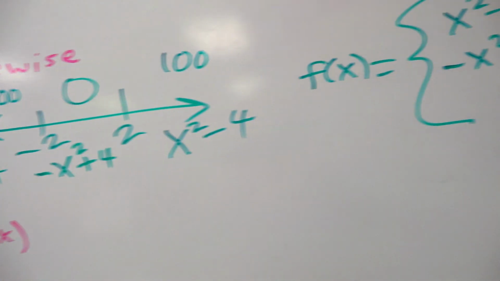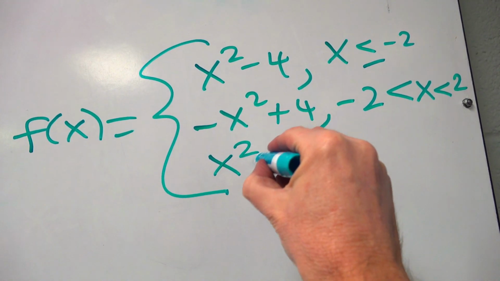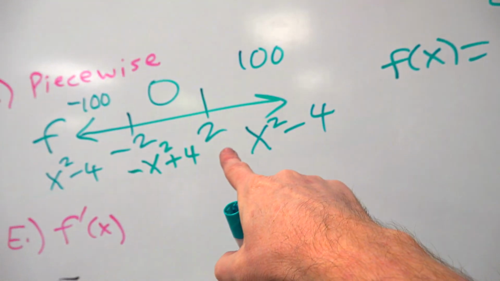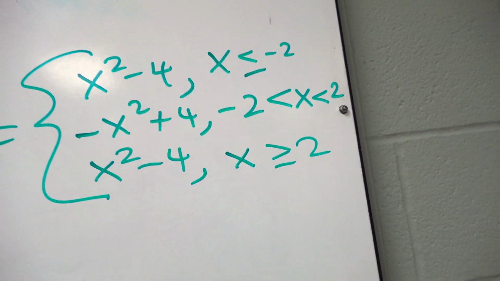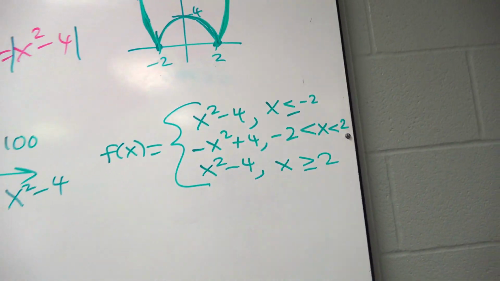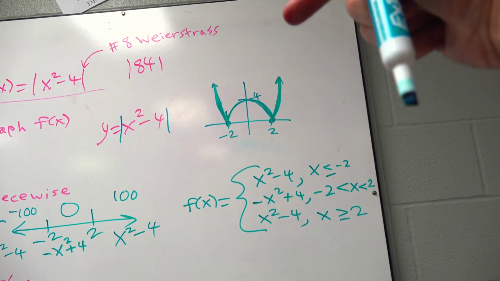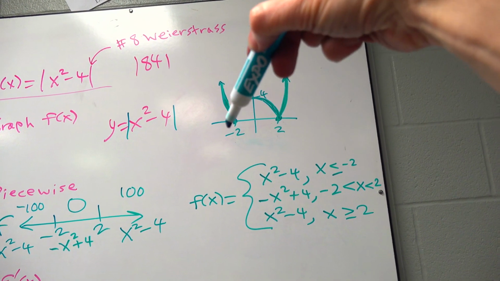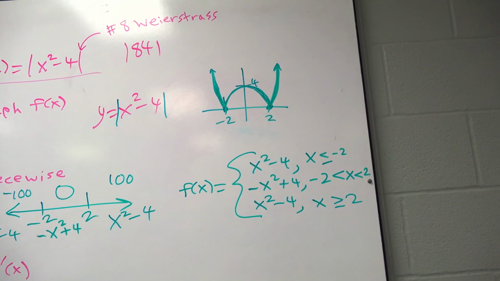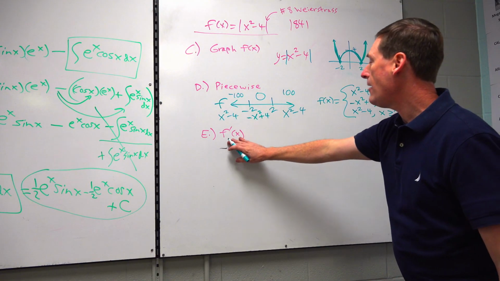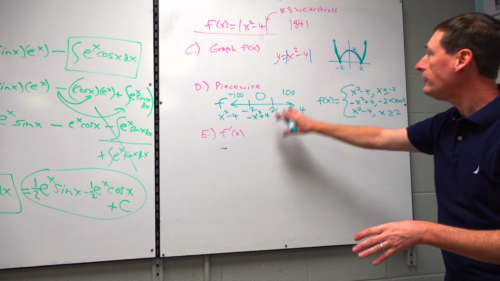And then finally, it goes back to being itself unchanged when x is greater than or equal to 2, if you want to put the underline there, okay? That's your piecewise function that models this picture up here. Piece 1 is there, piece 2 is the hump, and piece 3 is there. 3 pieces, 3 equations. Now find f prime of x, do the derivative of this.